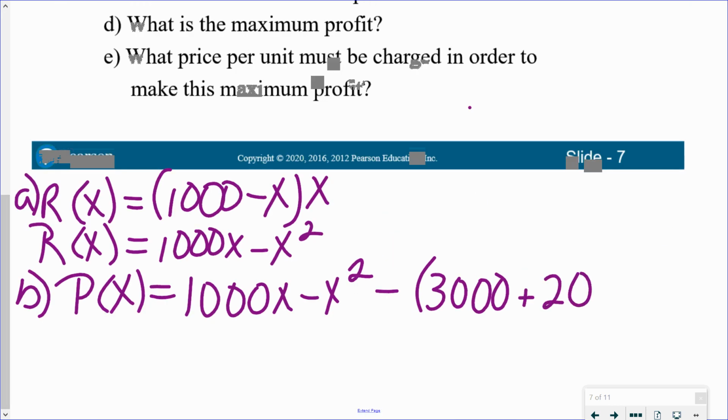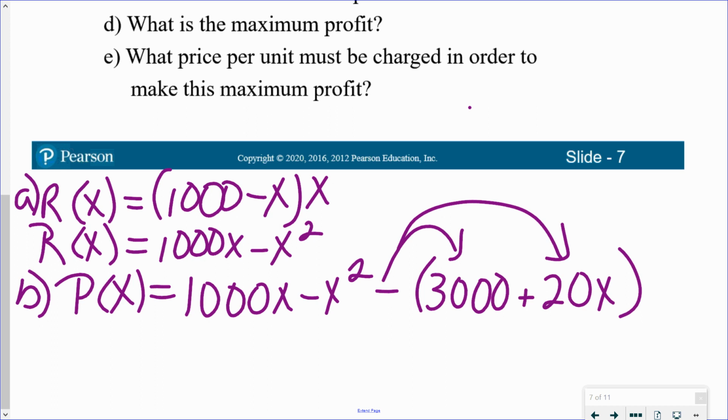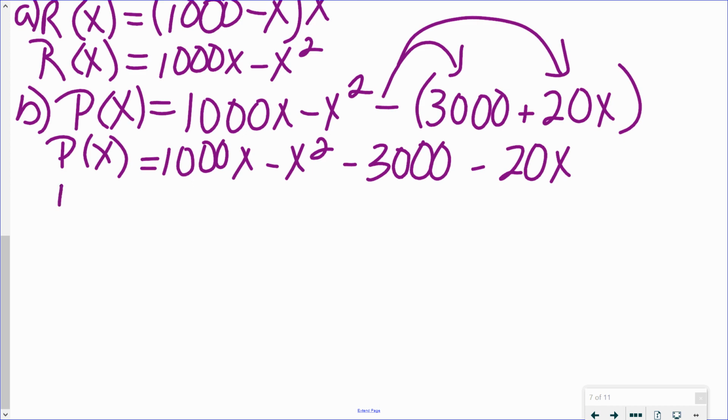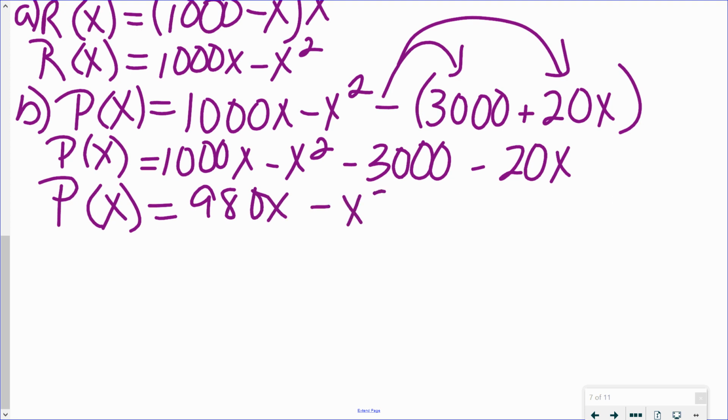Now, why did I put that in parentheses? Because I have to remember to distribute this negative. It will change both signs of the expression that I am subtracting. So we get that P of X is 1,000X minus X squared minus 3,000 minus 20X, which means that P of X is 980X minus X squared minus 3,000.